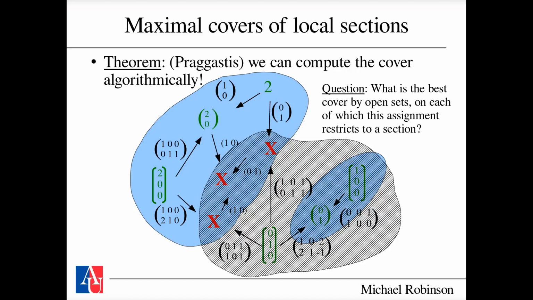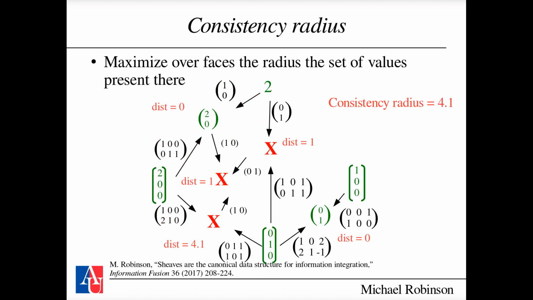Well, that's pretty neat. There's another more numerical way that you can get at it, called the consistency radius, and that plays an important role in our algorithm here. Essentially, every time you have multiple ways of coming into a face, you ask: what's the radius of the set of values that are present there? Where you have exact consistency, as in the upper right, that vector 2, 0, the radius is 0, because both values are 2, 0.